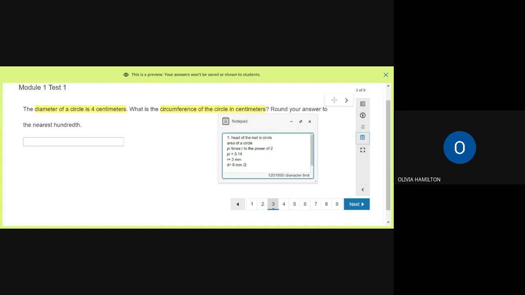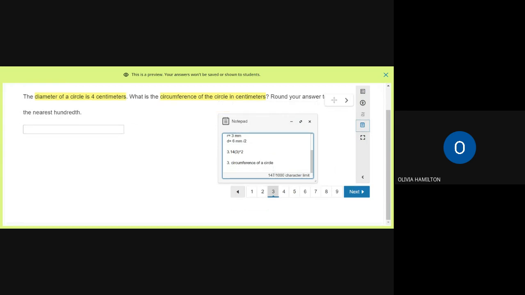Number 3. Whoops. Didn't mean to separate that. Number 3, I'm looking for circumference of a circle, which means I need the formula for circumference of a circle.